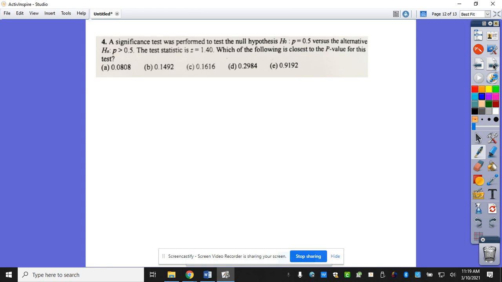This one ends up being a lot like number 1, except it's not two-tailed. This one gives us a Z test statistic, not a T. It says the alternative is greater than, so we're just shading to the right. Before I ever do this problem, which answer is wrong? Look at my picture.